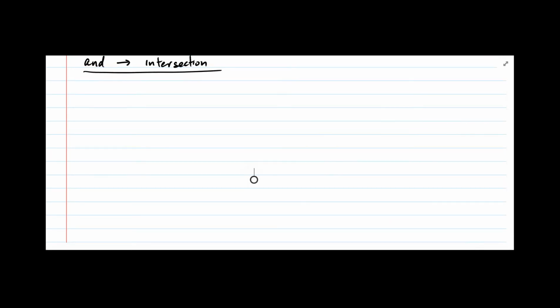Alright, let's move on to the AND. As I mentioned before, the AND statement really meant your intersection. So let's similarly do 3 questions where we look at the intersections. Okay, so question 4. If we have x is greater than or equal to -1 and x is greater than 2.